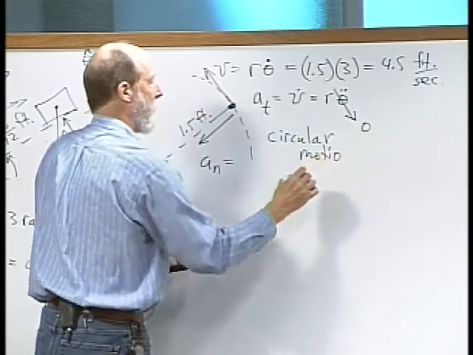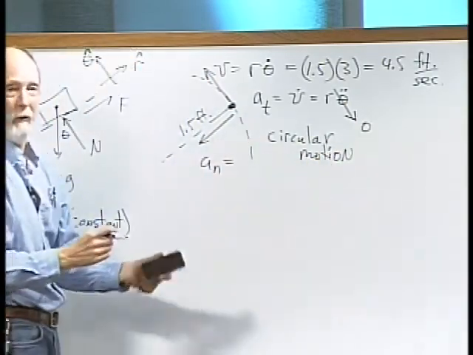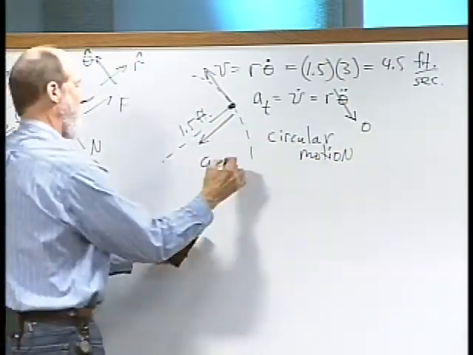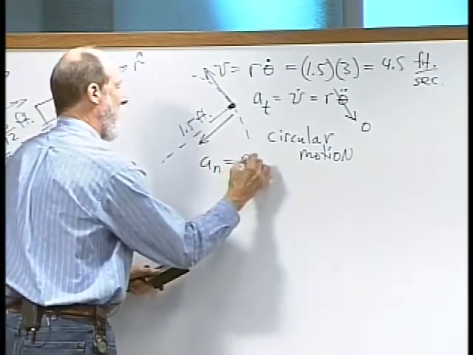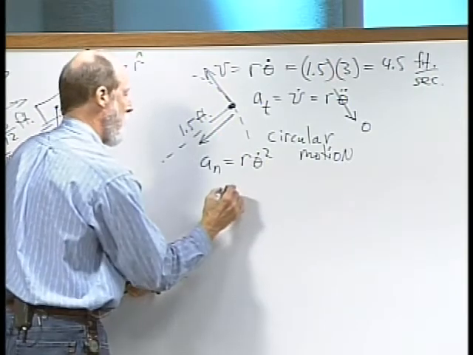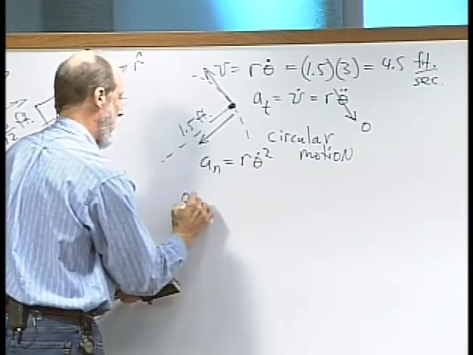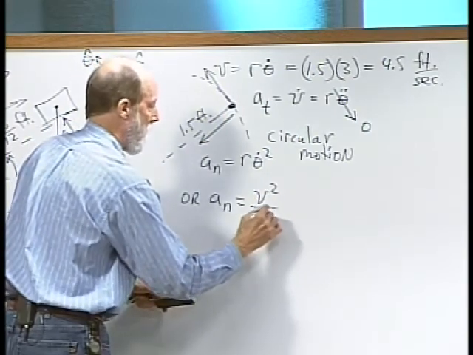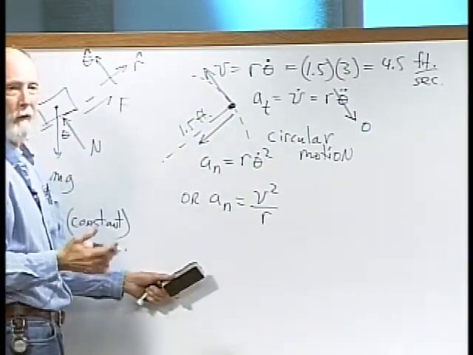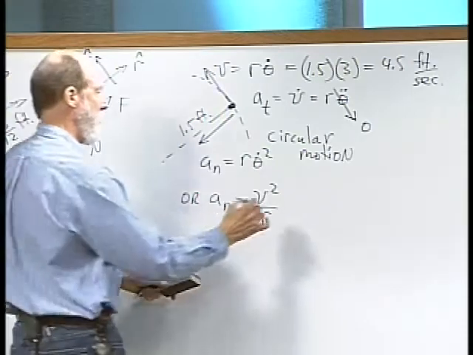And there's some simplified governing equations that occur with circular motion. So this normal acceleration could be treated as r theta dot squared, or as v squared over r. Either way, you'll get the same result.